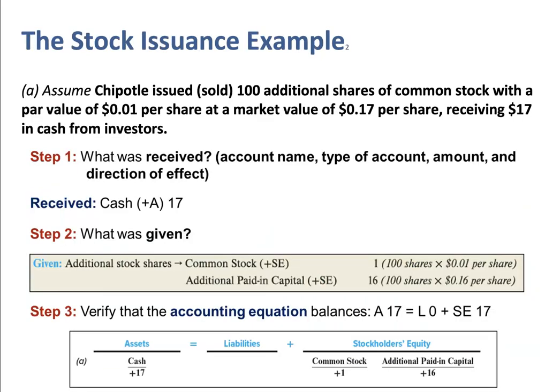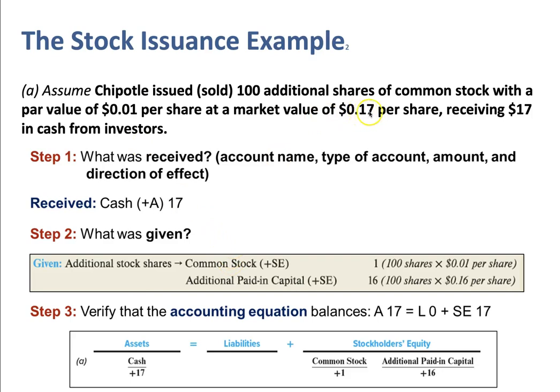Alright, now let's talk about the journal entries. So let's go back to what we have done in a previous video. We have transaction analysis. Now still using the stock issuance example, Chipotle issued 100 shares of stock, 1 cent par value, which goes to the common stock, and then 17 cents market value.